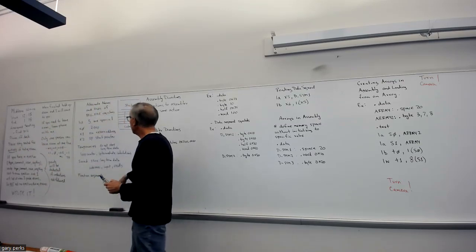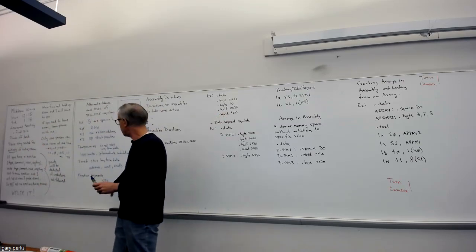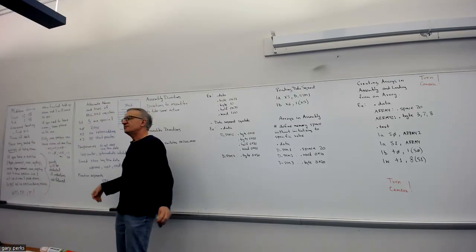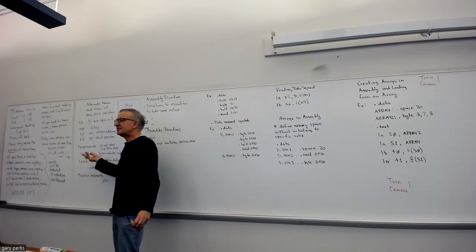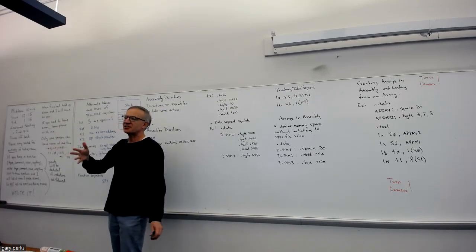Okay. And like I said, starting with software number 5, start using these alternative names. Now, for software number 5, if you use a saved register for what is really temporary, and you use a temporary for what's really saved, you're not going to be marked down.